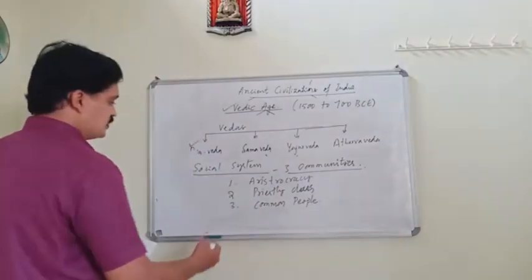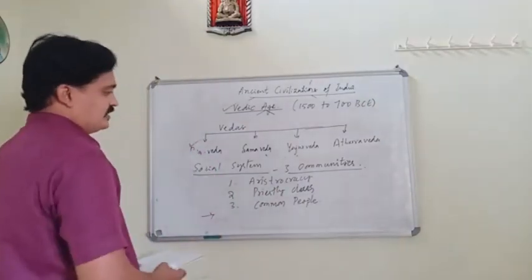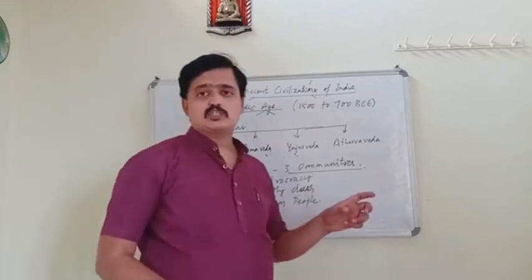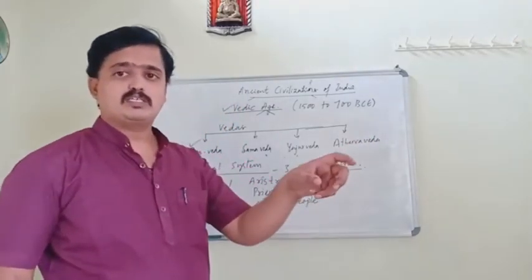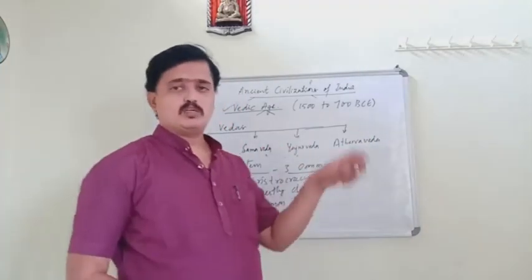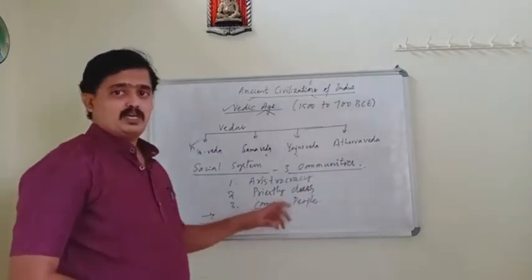Now, I have already told here the Rigveda had 1028 suktas, or we call it prayer songs. Those were all grouped under the 10 mandalas.